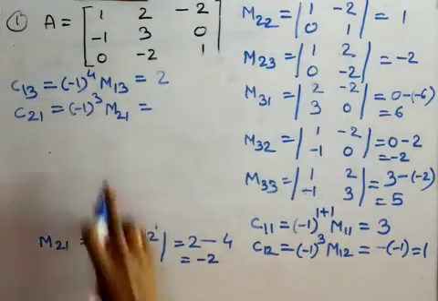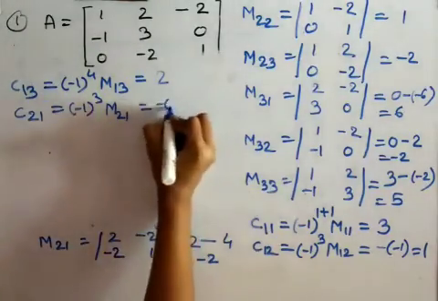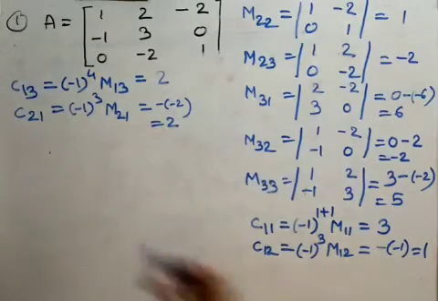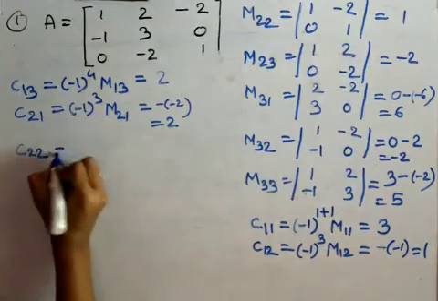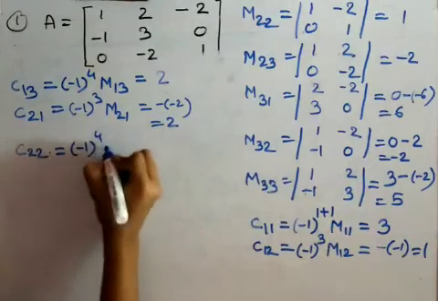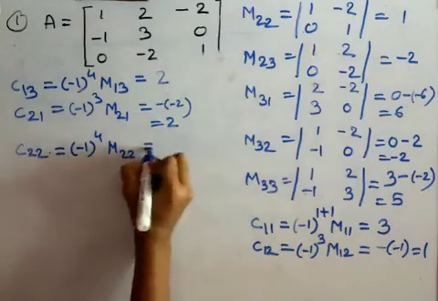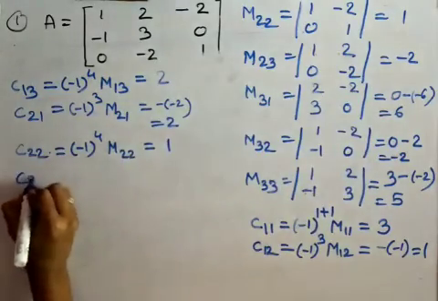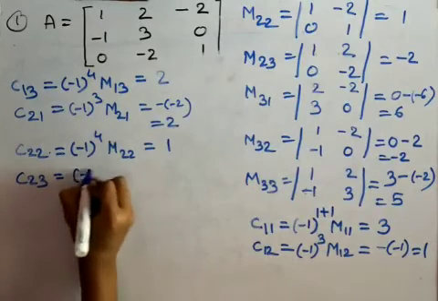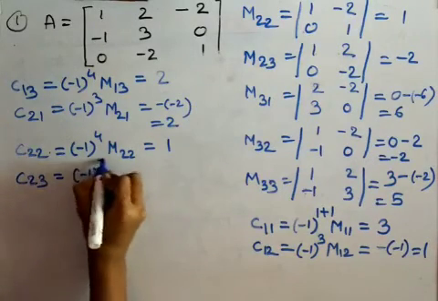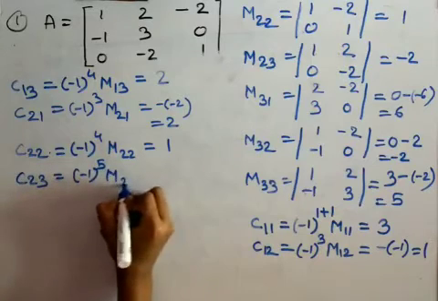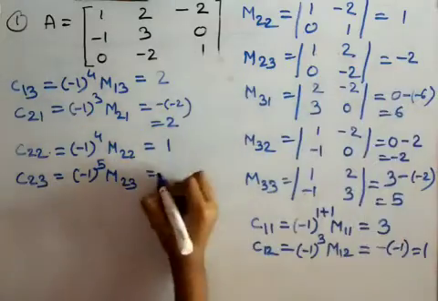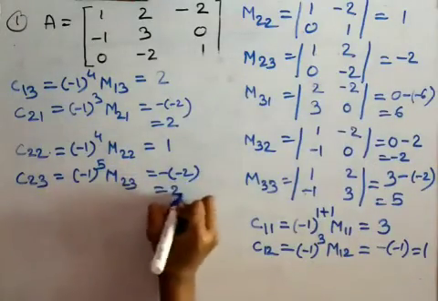So the answer is minus of minus 2, which is plus 2. Next, C22. The answer is minus 1 raised to 4 into M22. So we get 1 into 1, 1. Okay. Next, C23. The formula becomes minus 1 raised to 5 into M23. Minus 1 raised to 5 is minus 1 and M23 is minus 2. So the answer is plus 2.